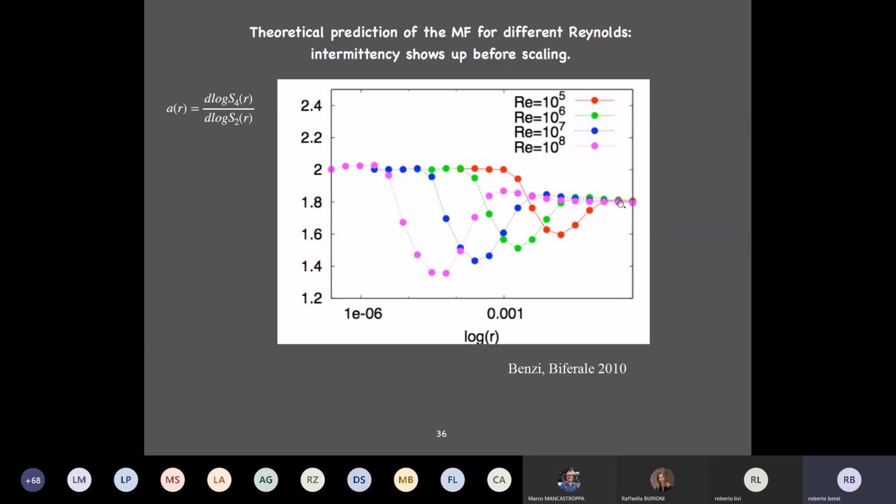So this prediction is telling you two things. First of all, you have a prediction to compare with real experiments and numerical simulations. And the second thing is that when the Reynolds number is extremely low, which is what happens when you consider, for instance, a flow near an obstacle at very small distance from the obstacle, you may think that the Reynolds number is relatively small, then most of the fluctuations are compatible with the multifractal theory, although they occur near the dissipation scale.